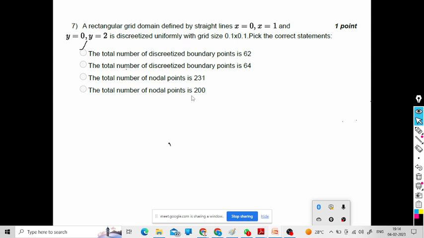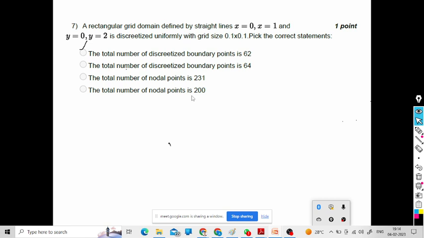So for this you can proceed like this. Here we are given a rectangle, where x equals 0 and x equals 1, and y equals 0, and here it is 2.